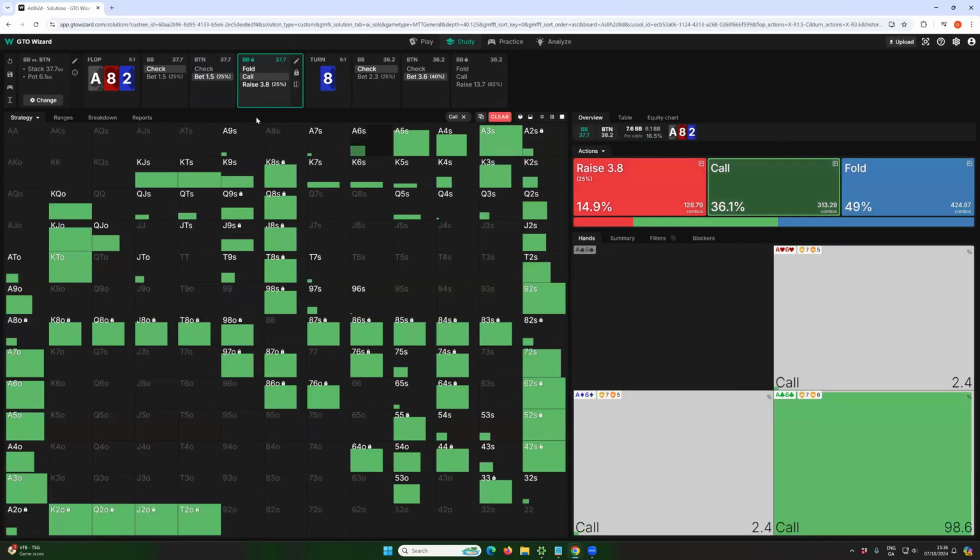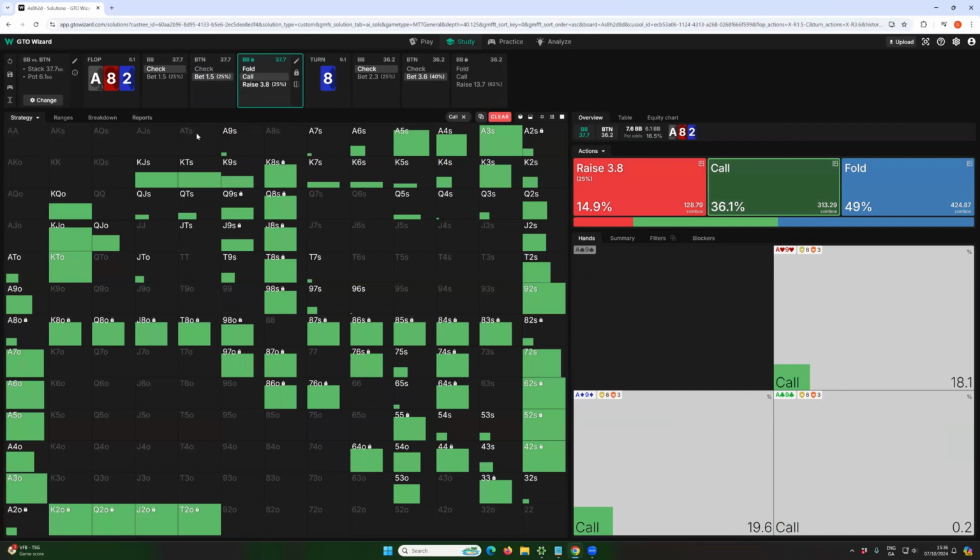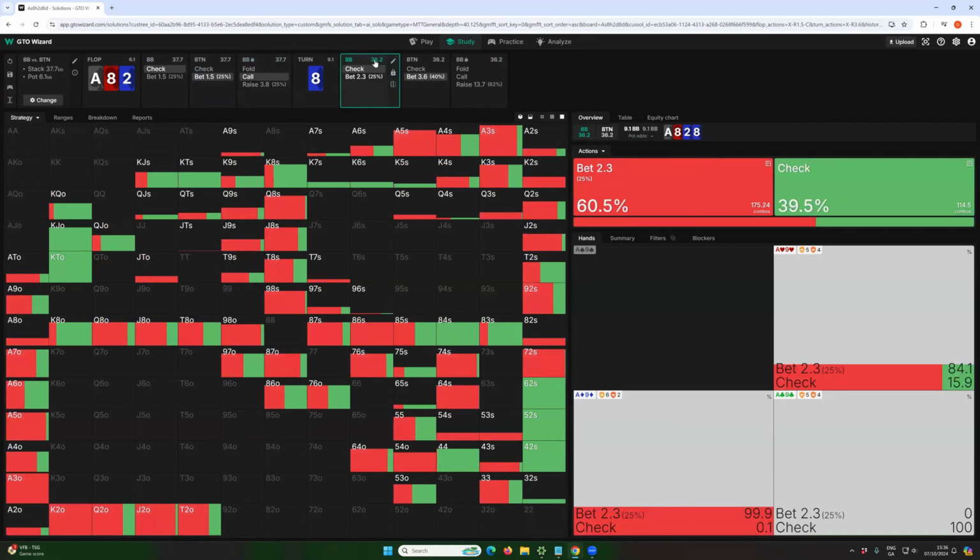So now we start to rule out other hands. We rule out all the weakish hands that he would have folded, all the strong hands he would three bet. So it's always the same principle. Ask yourself, what's the strongest hand he would take this action with, and the weakest, and then you can rule out the hands above that in strength and the hands below that. So when we go to the turn, he has this range.